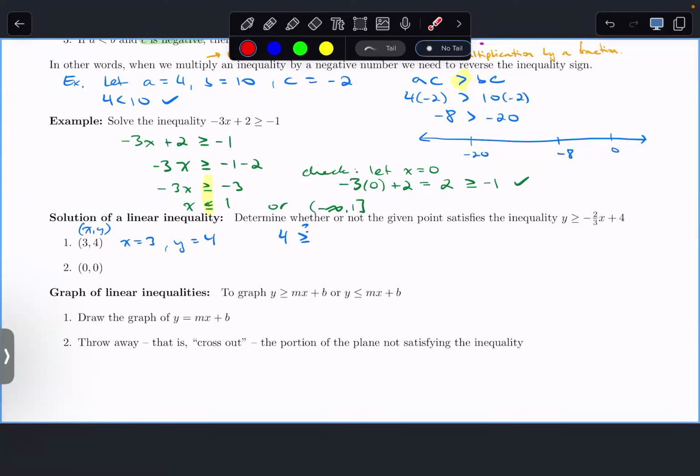Is it greater than or equal to negative 2 over 3 times 3, which is nice because then it'll cancel. So I have negative 2 plus 4 puts me at 2. 4 is greater than or equal to 2. So it does satisfy the inequality.